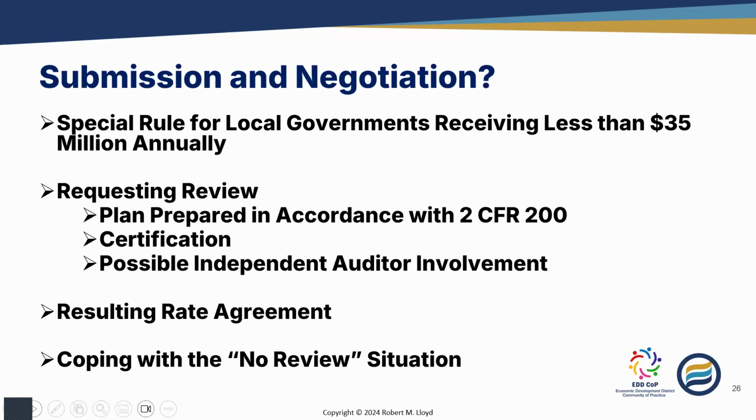In other words, to reach out to, in most cases, the Department of Interior's Interior Business Center and transmit a document that says you've prepared the plan in accordance with the requirements of 2 CFR 200. Provide a certification based upon section 200-415.